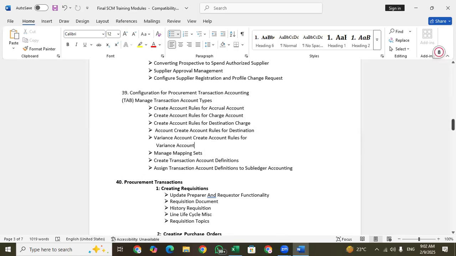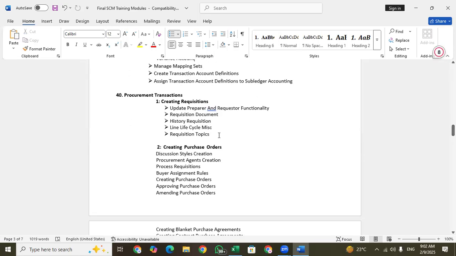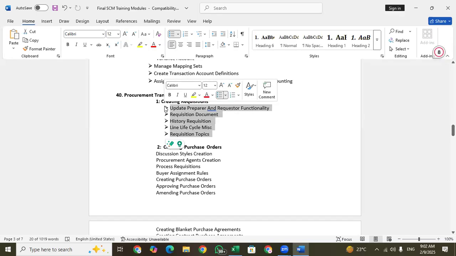Okay, then after all these setups are completed, we can start requisitions. Requisition is nothing but, whenever the organization purchases any material, take the same example from home itself. You want an iPhone.